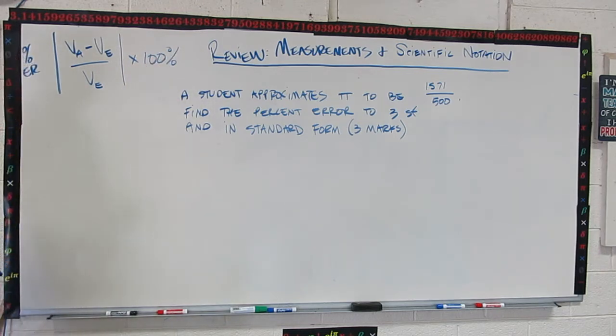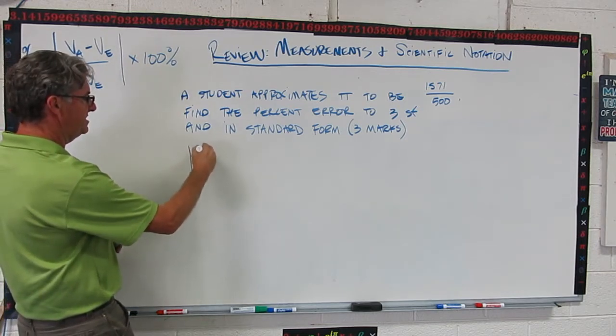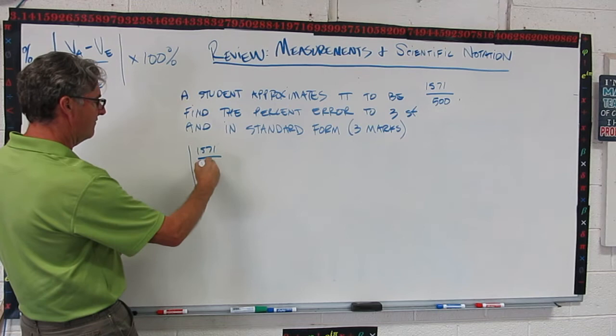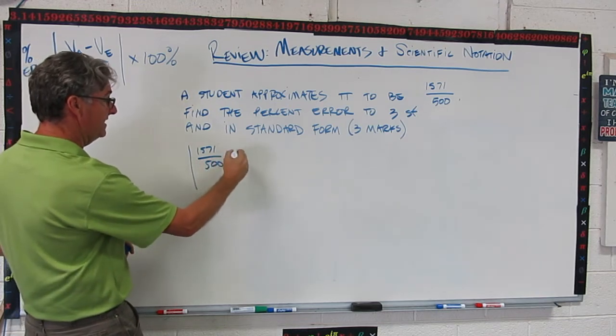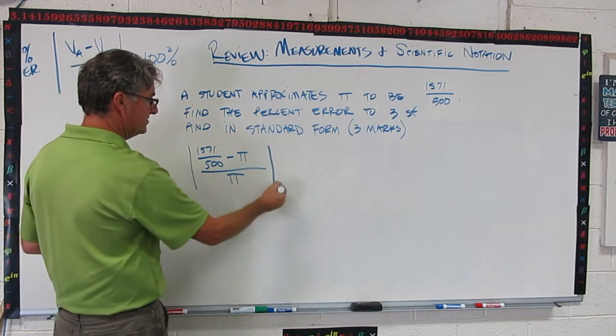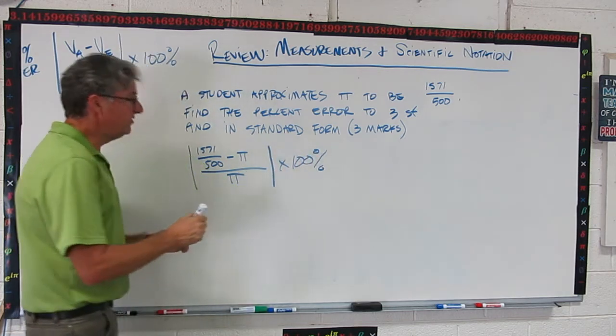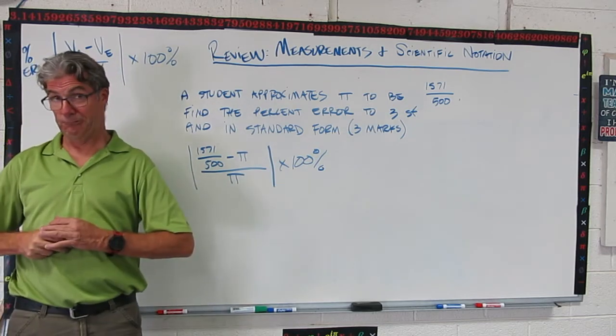Okay, so that's my percent error. So let's do a plug-in. We've got absolute value of 1571 over 500 minus pi over pi. Close that times 100%.